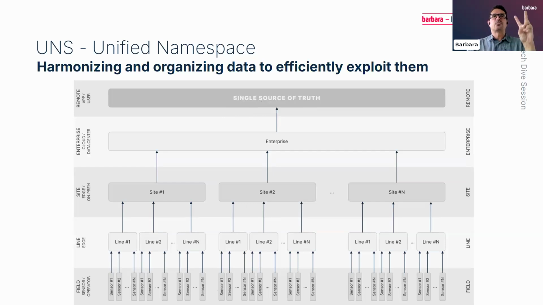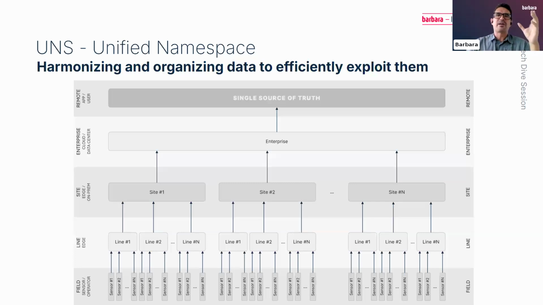But there are 2 more important details about this information. The first one is that the naming of this information must be unified. We must have a naming convention for variables across the enterprise.